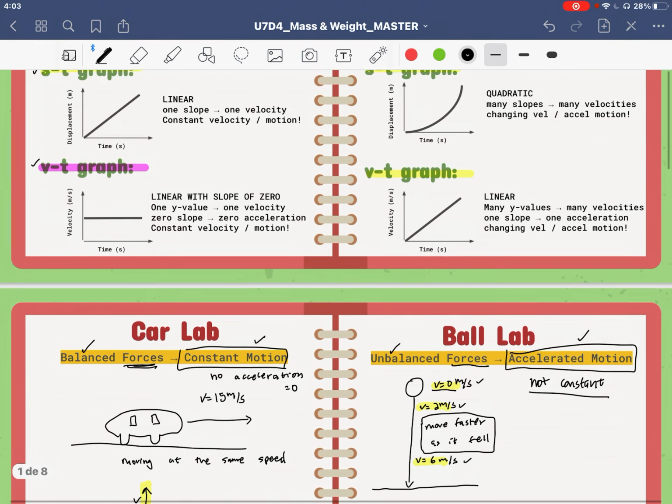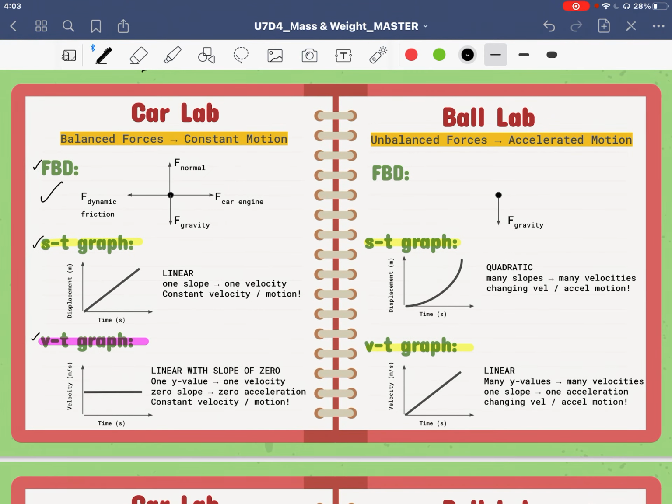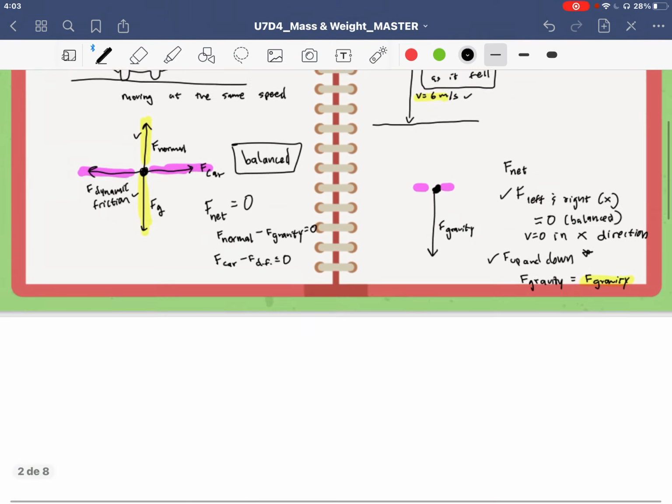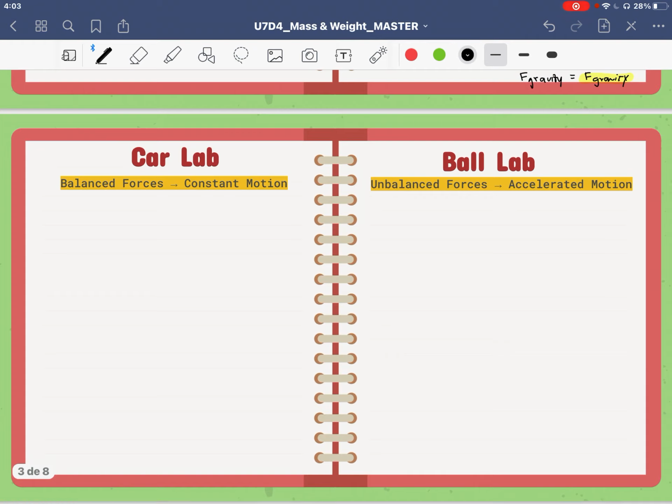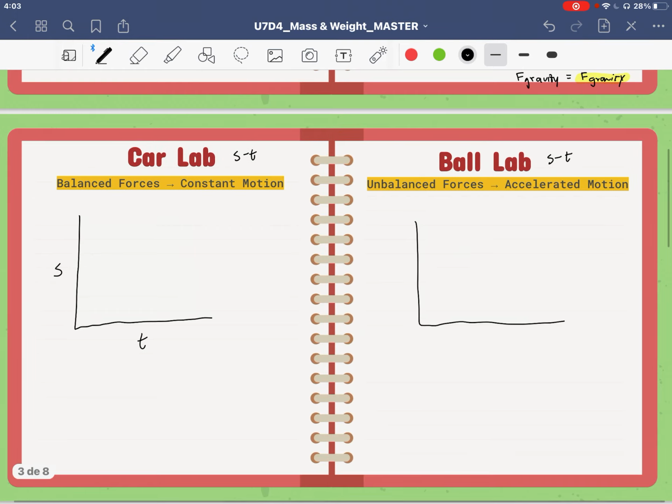So the next thing we're going to talk about, we've talked about FBDs. We're now going to talk about displacement versus time graphs. So in the car lab, displacement time graphs, remember S for displacement from that Latin word, spatium. So in the car lab, when we graphed S versus T, we also graphed S versus T in the ball lab.